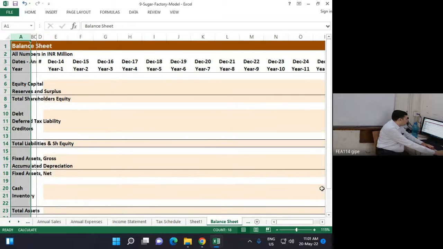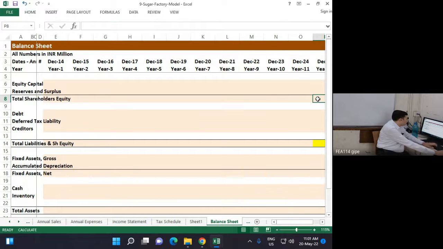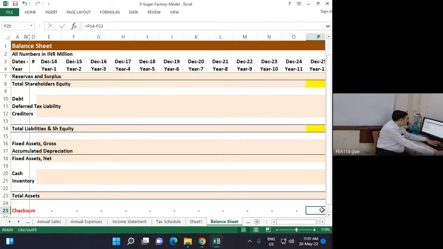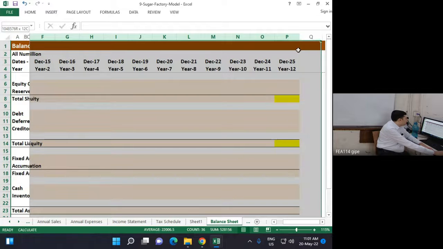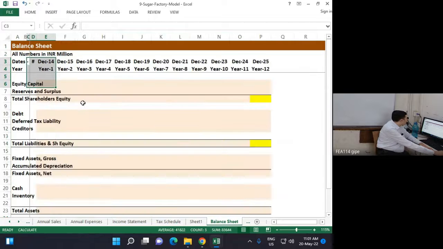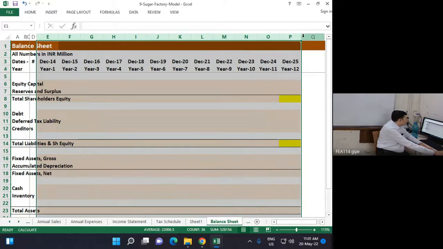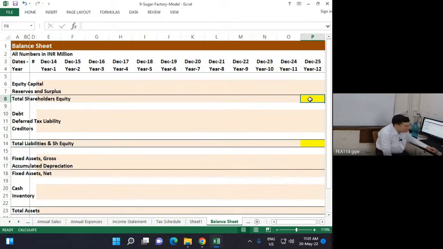So everybody, first thing you do is tell me total shareholder equity for the 12th year, and then total liabilities for the 12th year, and then the error balance in the 12th year.